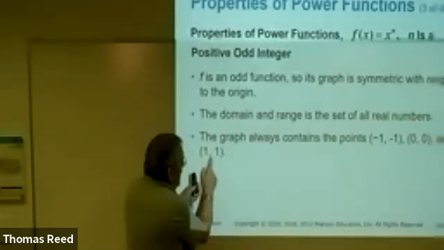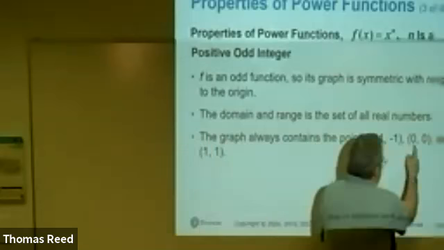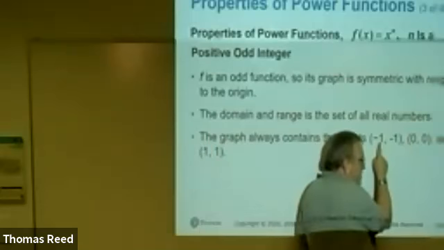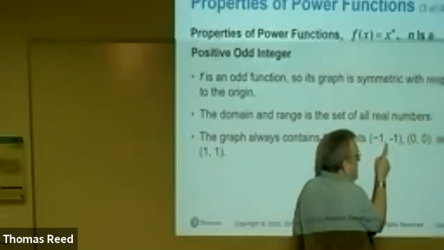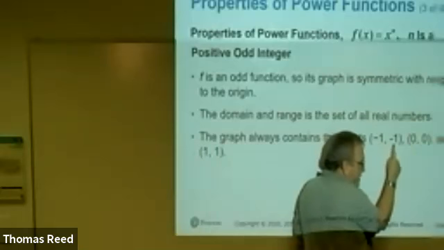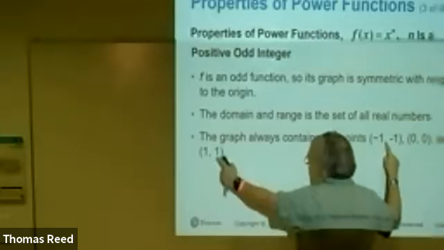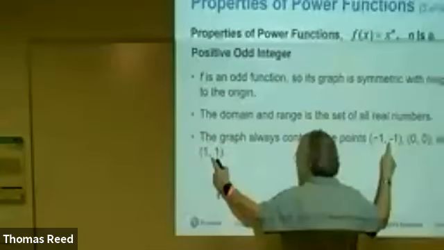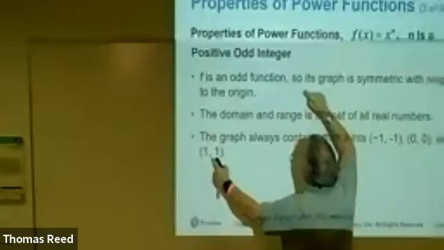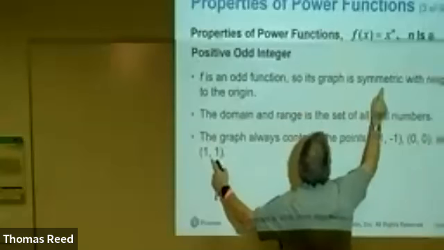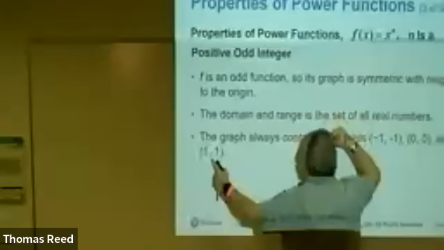1 to any power is 1. 0 to any power is 0. -1 to an odd degree is still going to be -1. And this fits with the fact that it's an odd function and symmetric with respect to the origin.